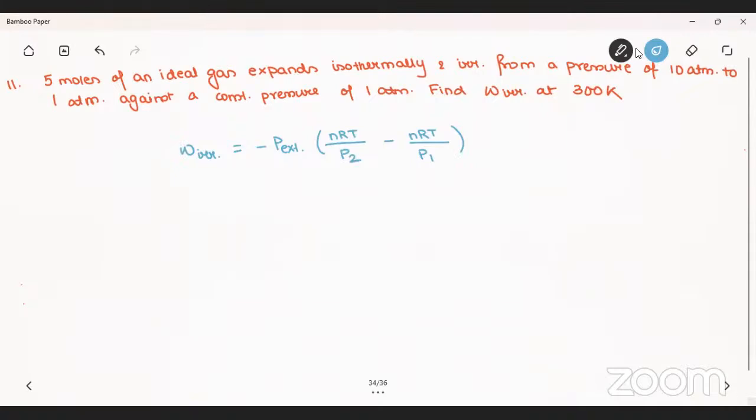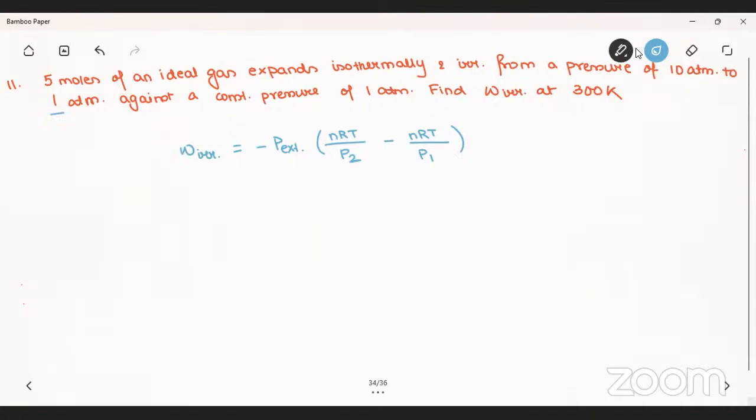Ma'am, can I know one thing? Is P external is 1? Yes. There P external is 1. I told you, no, that the final will be considered as P external also and P2 also.